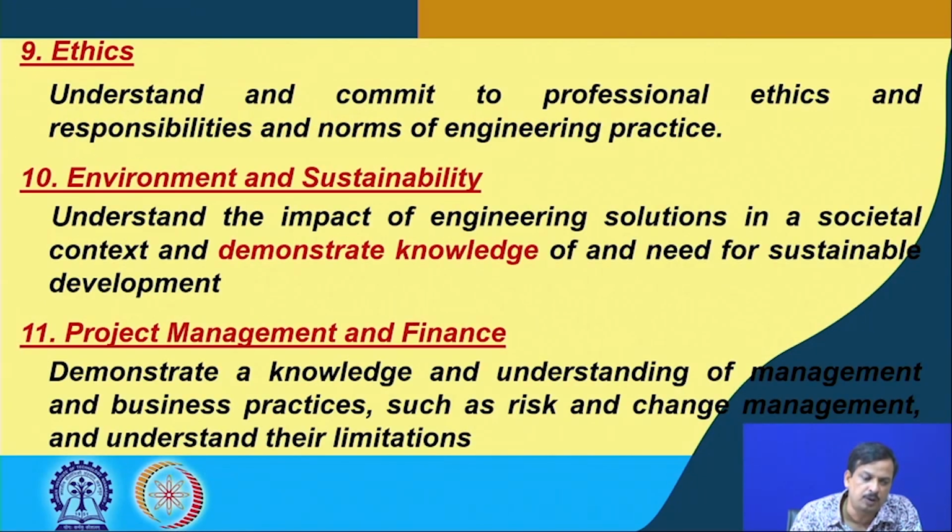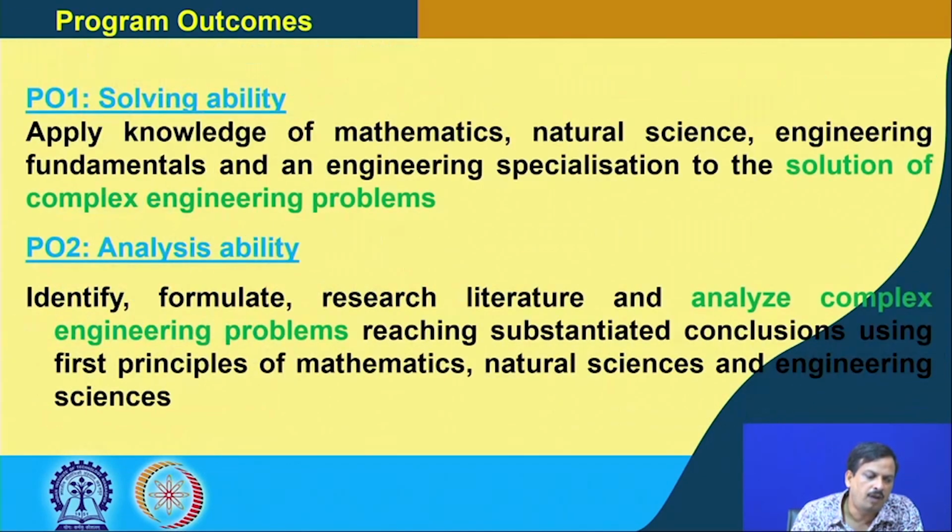If I show you the PO, first PO says solving ability. The students will be able to solve. So, cognitive level is application. Analysis ability: student will be able to analyze or determine or derive, all are analysis ability. So, it is analysis ability.